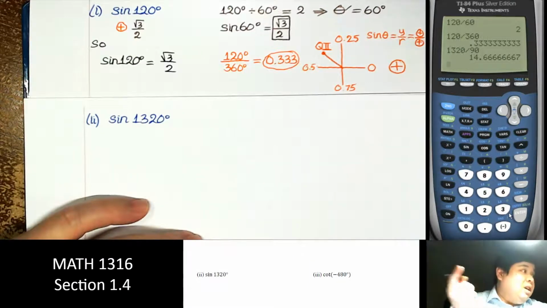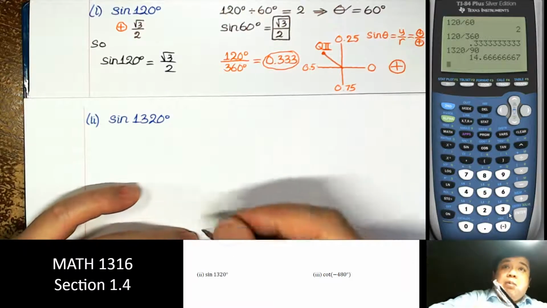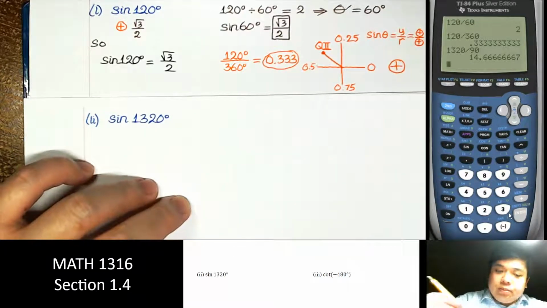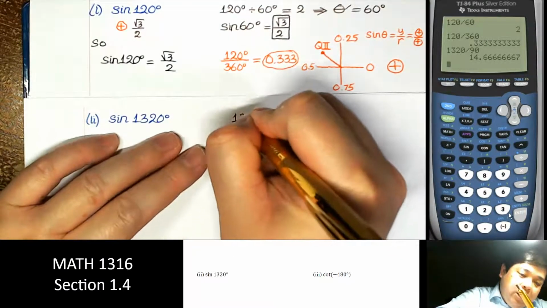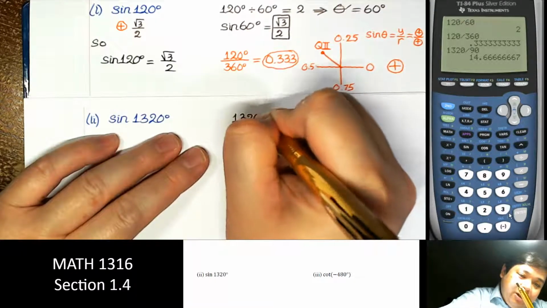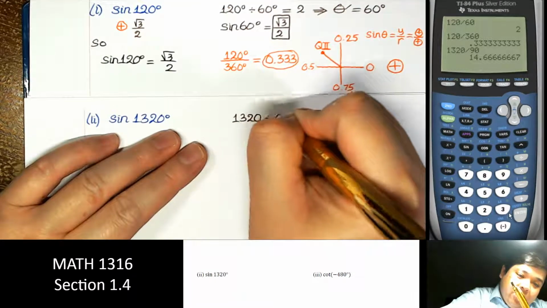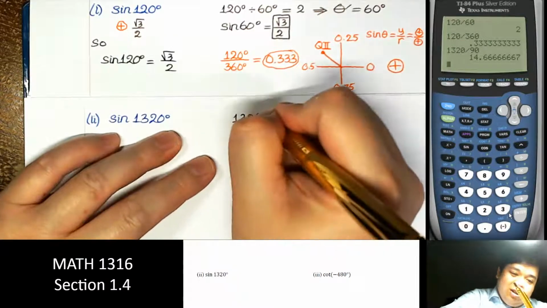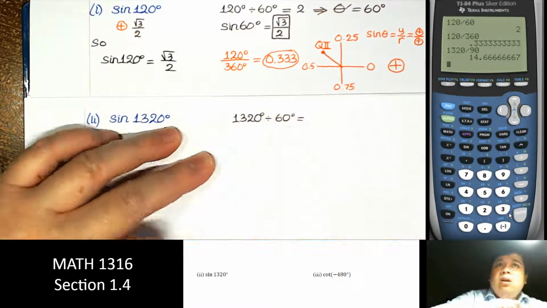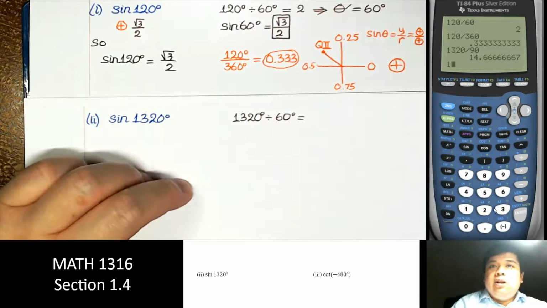1320 divided by 90, that doesn't work, so we're not going to use that. Now divide by 60. So 1320 divided by 60. Does that work? It works too.